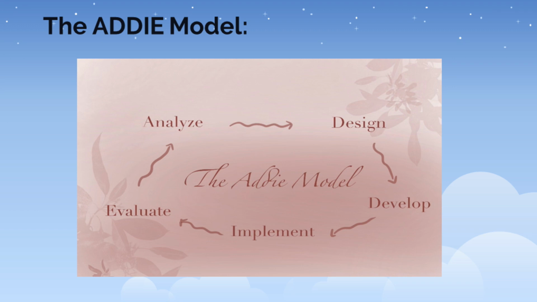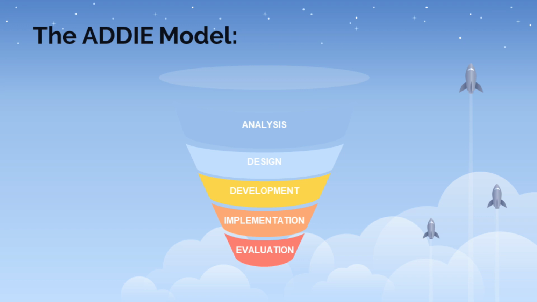The ADDIE model is a generic technique that instructional designers and training developers have historically employed. Analyze, design, develop, implement, and evaluate are the 5 processes that make up a dynamic and adaptive framework for creating successful training and performance support systems.